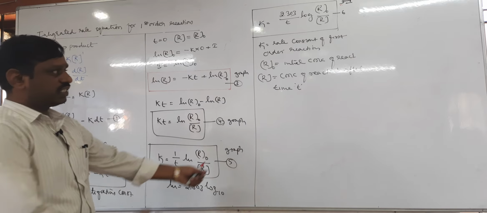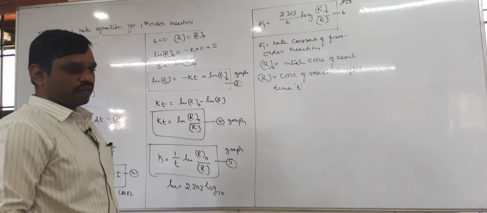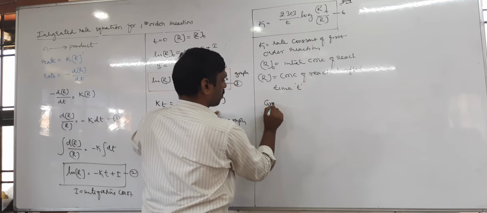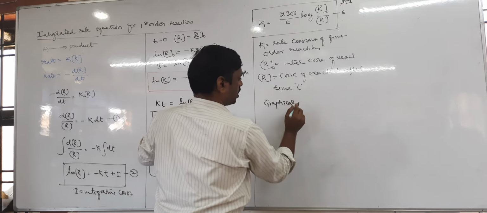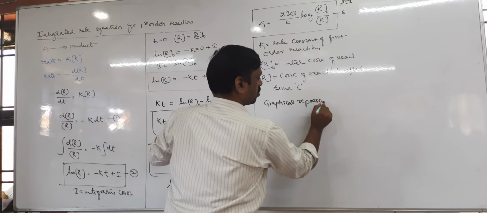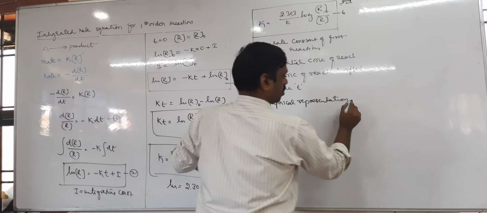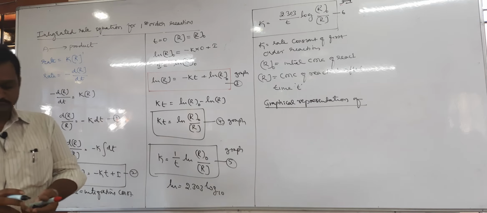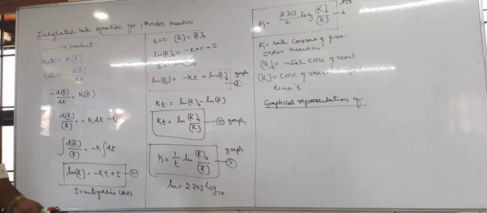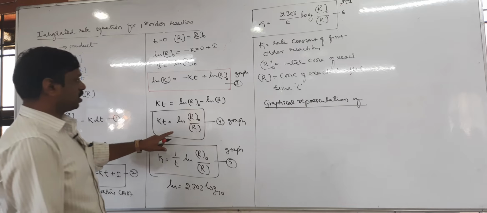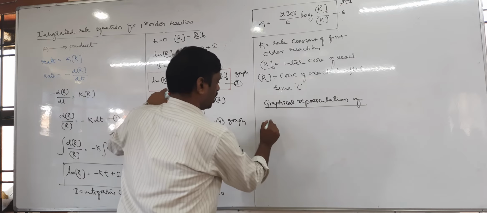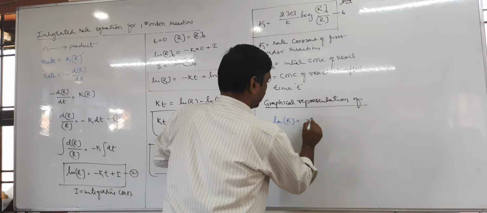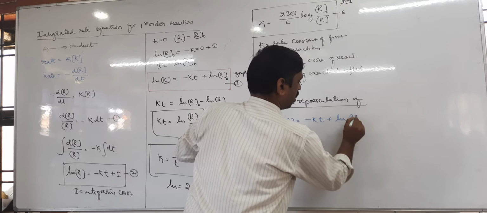Okay, now let's see graphical representation of first order reaction. So graphical representation of first order reaction. Come on, tell me, a graph is plotted between, first, let us take this equation. Okay, so it is ln R equals minus kt plus ln R naught.